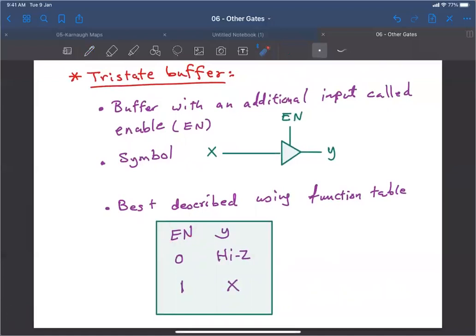If enable is 0, then this is high impedance. High impedance means there is no connection between X and Y. There is an open circuit. If enable is 1, on the other hand, then Y becomes X. It's not a don't care here, it's a variable X, okay? Variable X becomes Y, or Y becomes X.